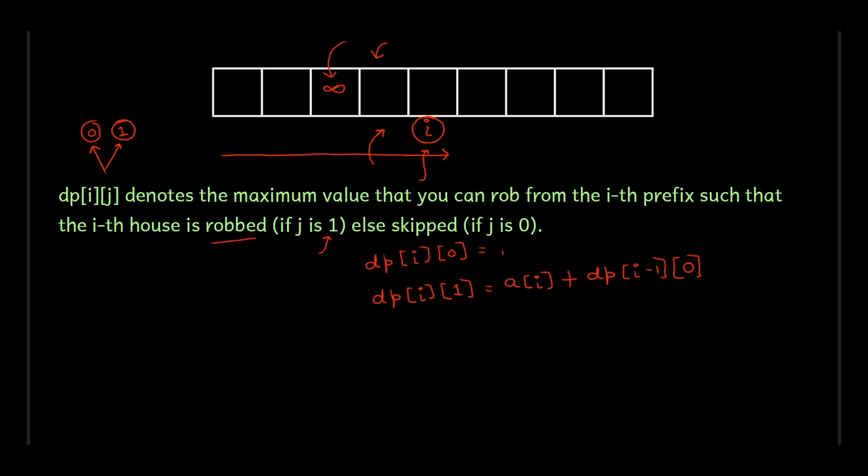So this would simply be max of, we don't care what happens to the left neighbor. So you either decide to rob it or you decide to leave it: DP of i minus 1, 0 or DP of i minus 1, 1.